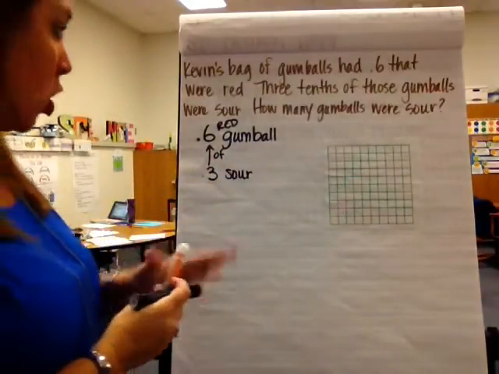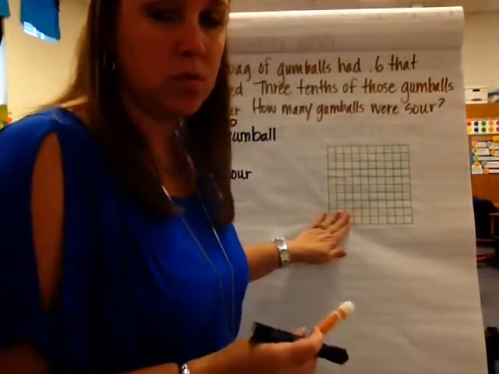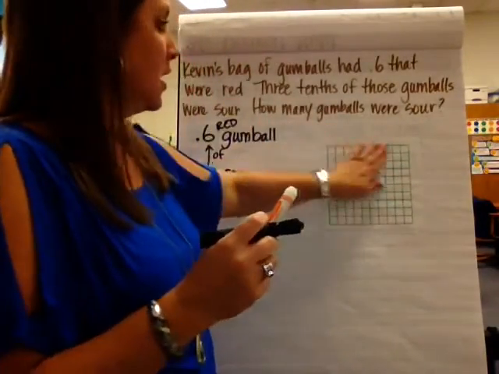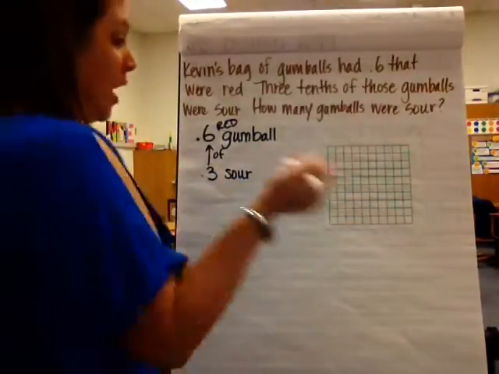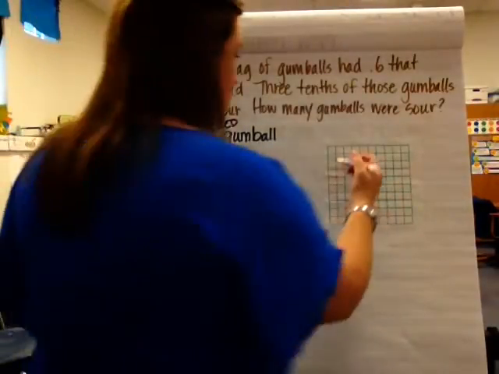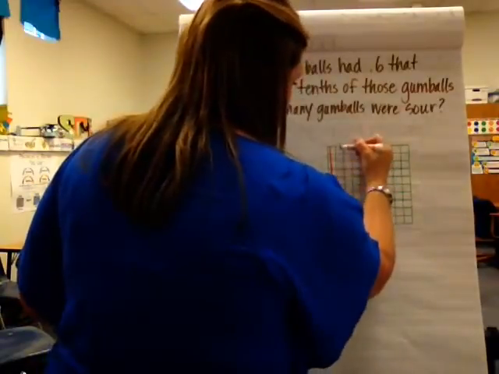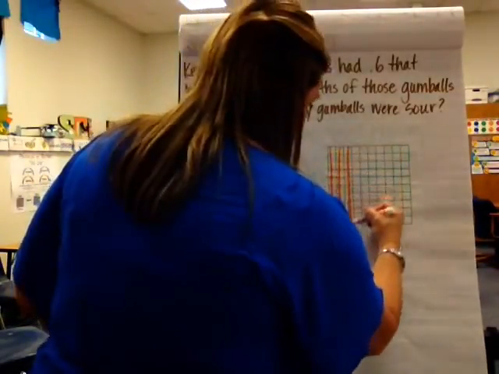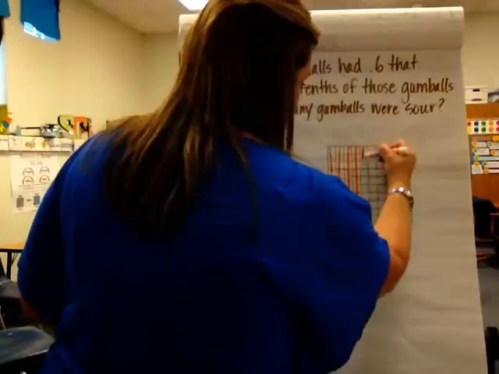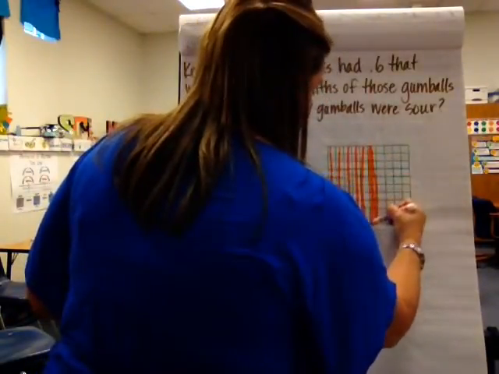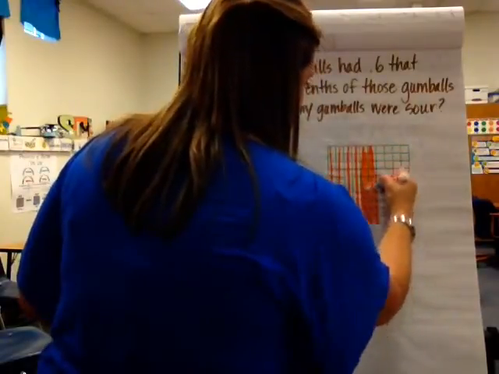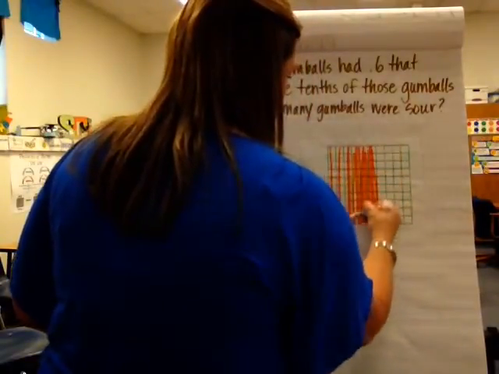Okay, so can I show this bag of gumballs? Can I show 6/10? Absolutely, I can show 6/10. So how am I going to do that? Once again, 1/10, 2/10, 3/10, 4/10, 5/10, 6/10. I'm going to fill it in as best as I can, as quickly as I can.